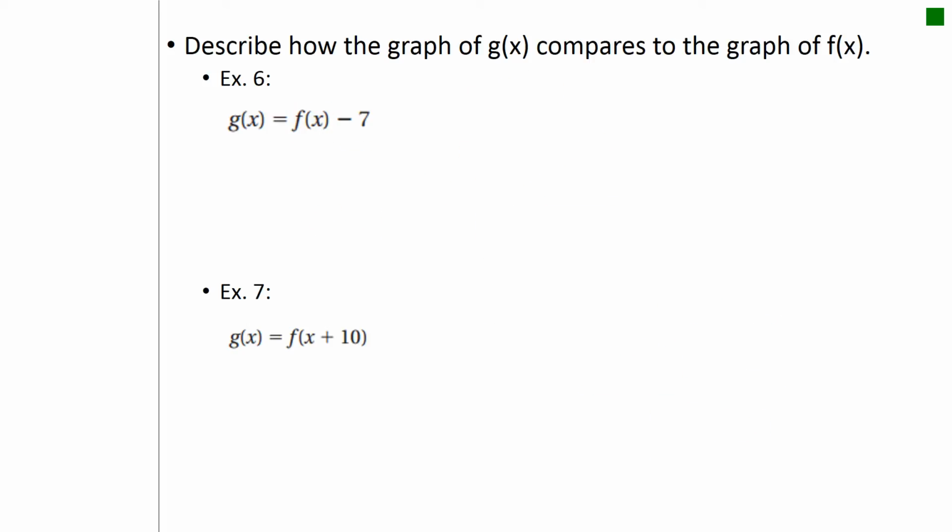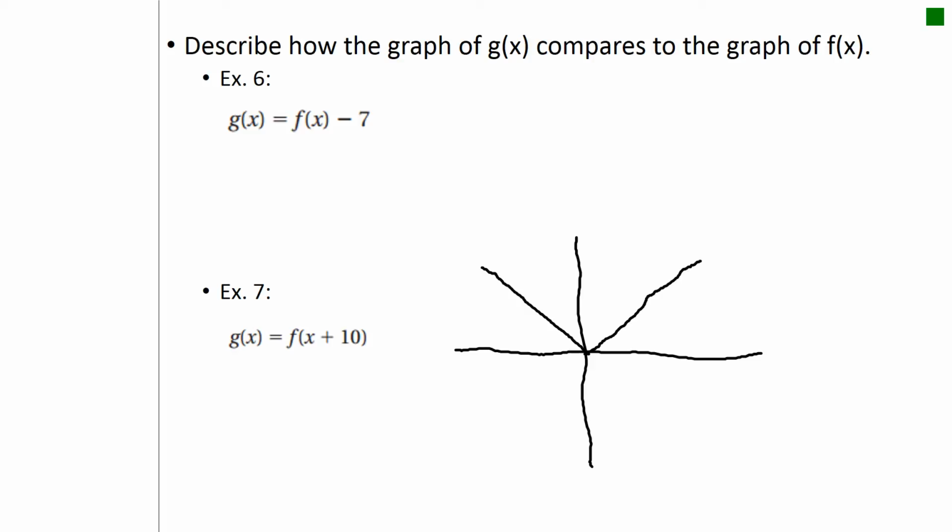In example number 7 now, we're going to see that the plus 10 is not added to the function of x, but it's added to x. And so we're going to need to move whatever we graph over 10. Suppose the function was one of those strange absolute value functions. When we have f of x and we add 10, we're actually going to move this thing 10 off over to the left.